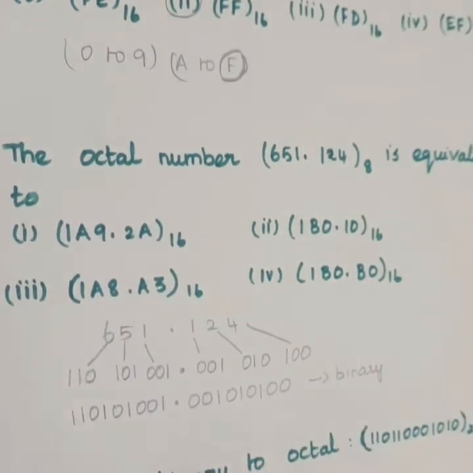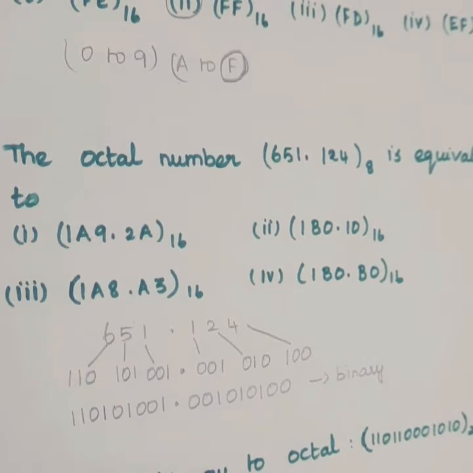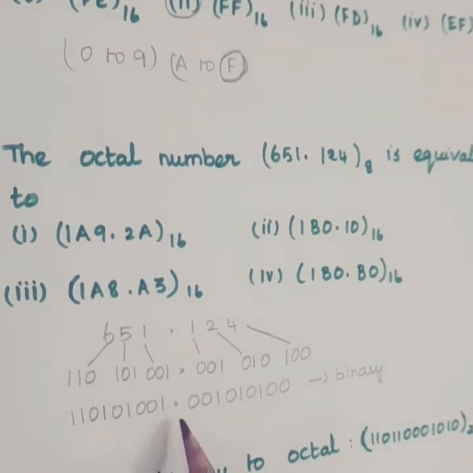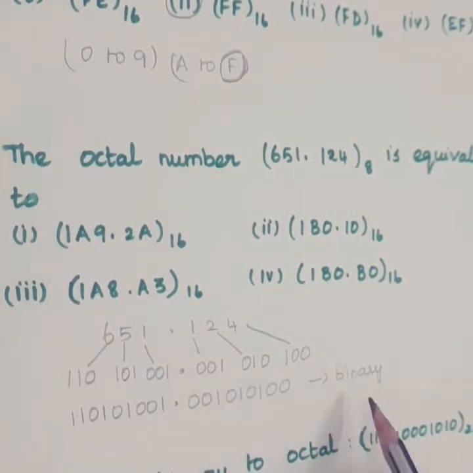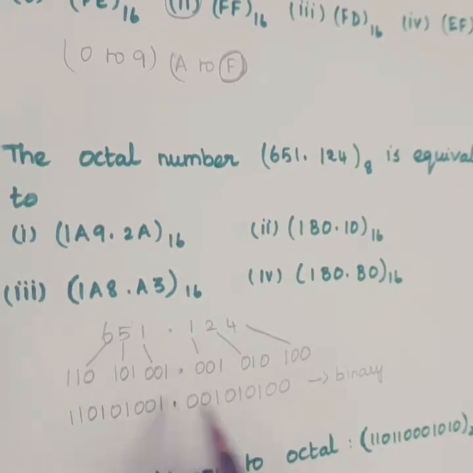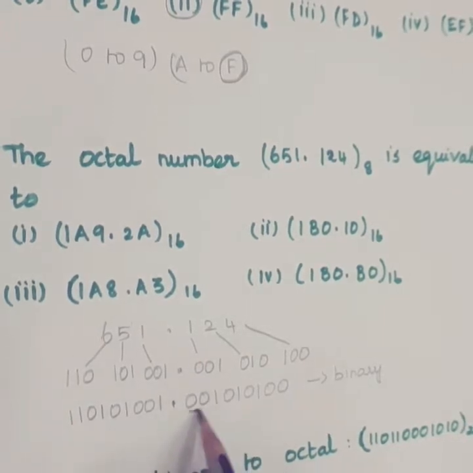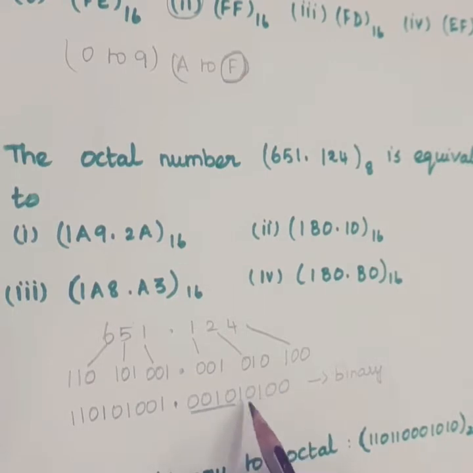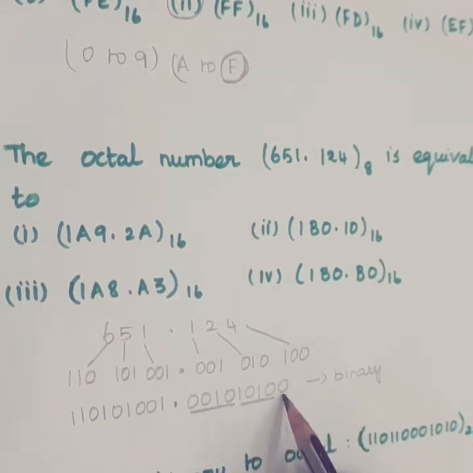So next you have to convert this into hexadecimal. For that you have to split this binary into groups of 4 bits. Start from the radix point and go towards the right and left. Starting from the radix point, 1, 2, 3, 4, this is one group, 1, 2, 3, 4, this is the second group, and here 0, so you can put 3 more zeros.